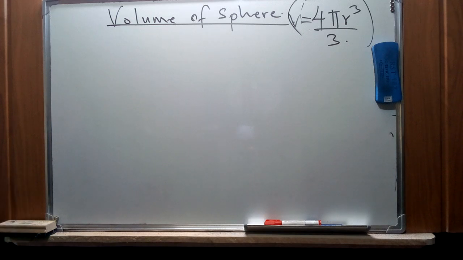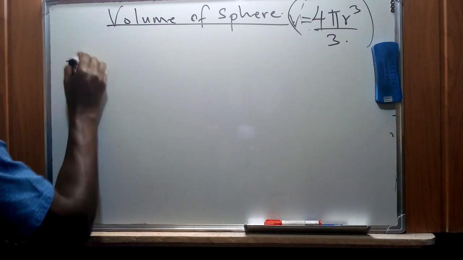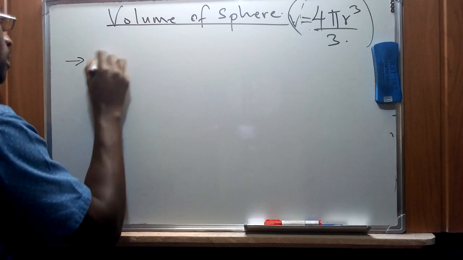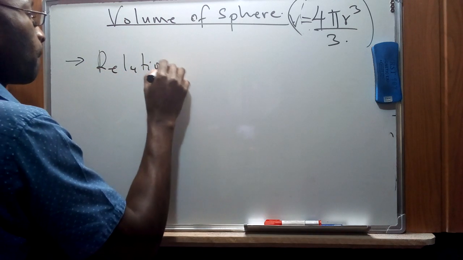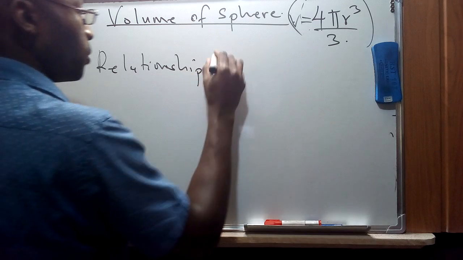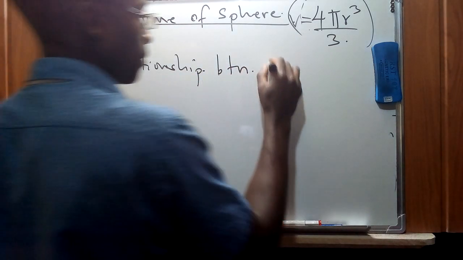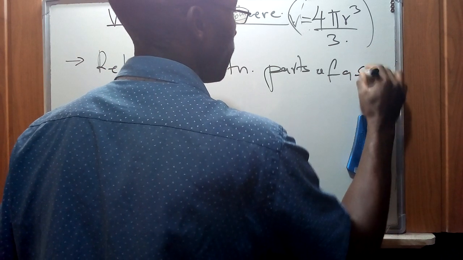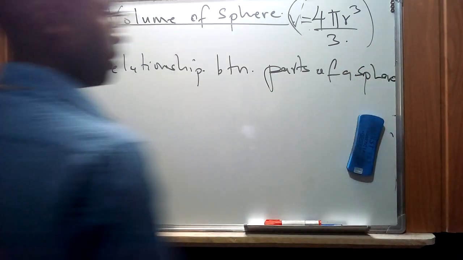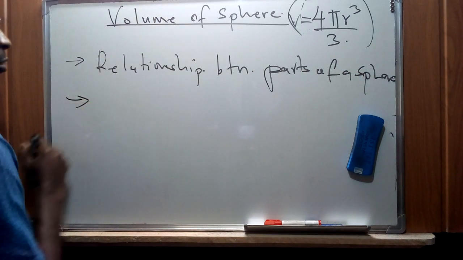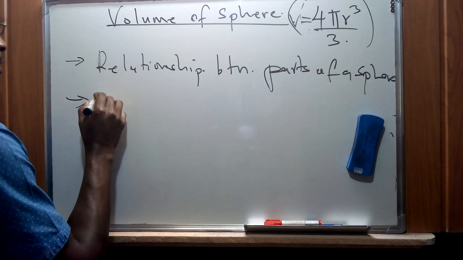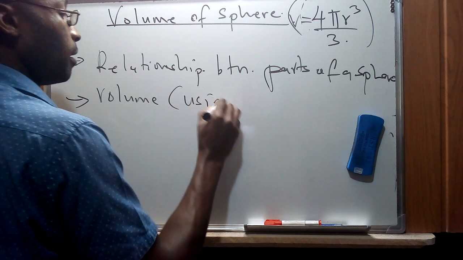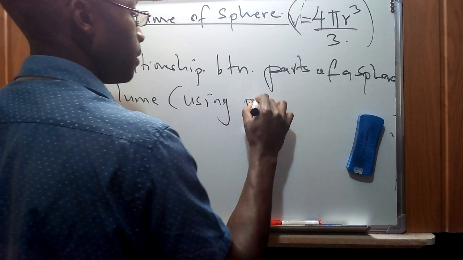In this case, we're going to use different approaches. The first one is looking at the relationship between different parts of a sphere. Using that relationship, we're going to look at the concept of volume using pyramids.